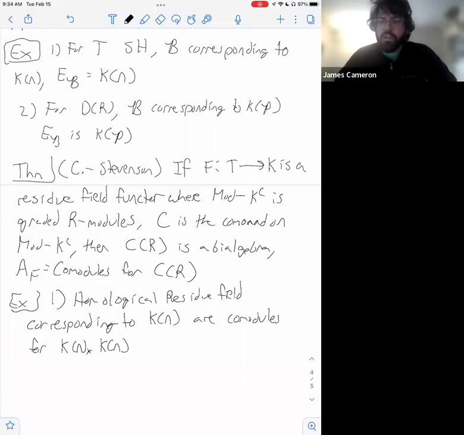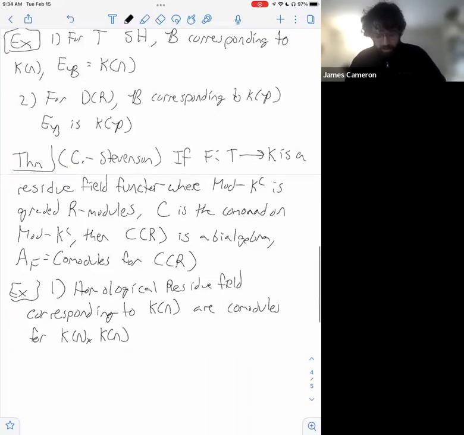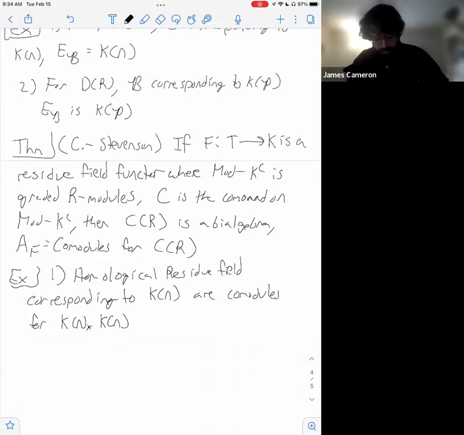So here, if you apply this theorem to the case where you have the stable homotopy category mapping down to K_n-star modules just by taking K_n homology, this is also the functor category for the compact part there.